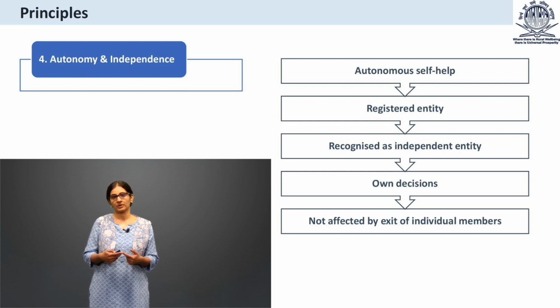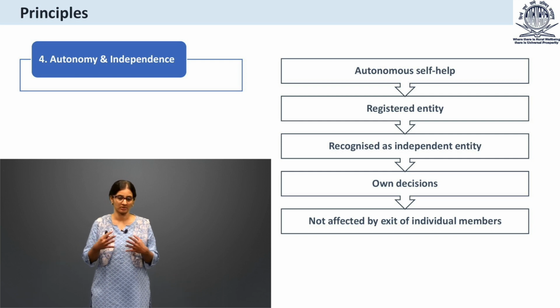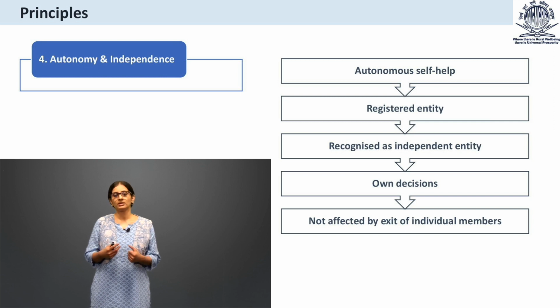If it is decided to enter into an agreement with another organization, which could include government, or to raise capital from other external sources, all of this is done through a democratic process involving all members. So essentially, a cooperative society has autonomy. It does not get affected by the entry or exit of individual members. So this is how it is autonomous and has independence.